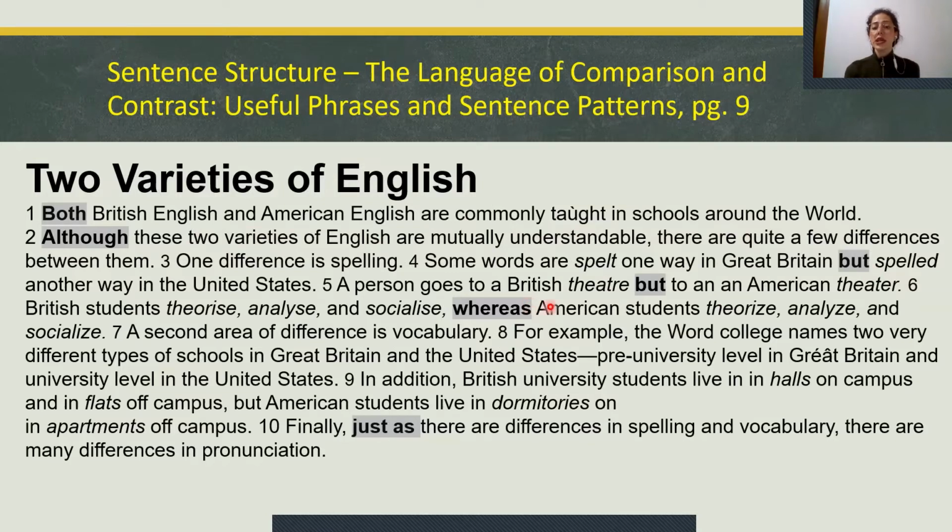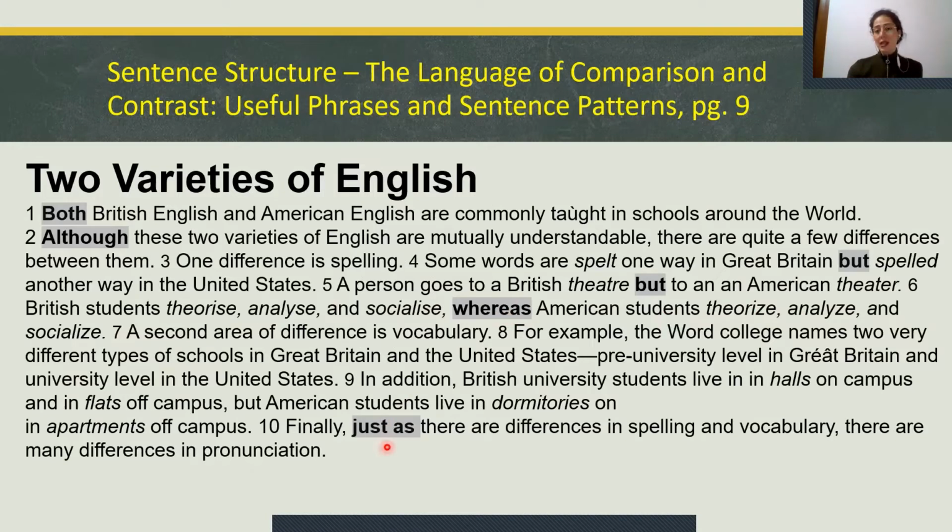Let me read the sentence from the beginning. 6. British students theorize, analyze, and socialize. Please, young people, look at this S here. In British English, we use S, whereas American students theorize, look at Z, analyze, and socialize. So whereas also shows the contrast between two sentences, differences.